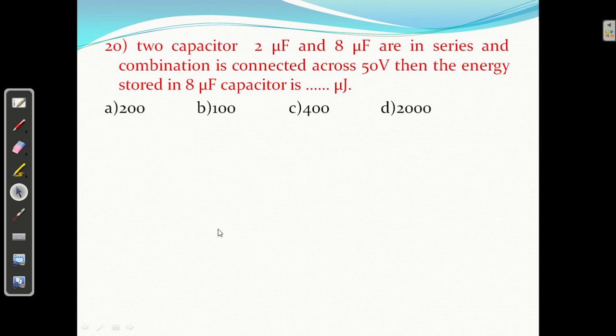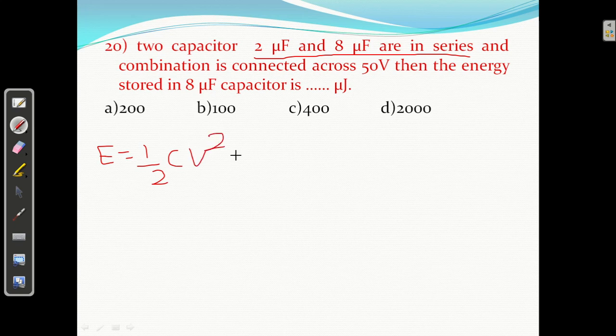Question number 20. Two capacitors of 2 and 8 microfarad are in series, and the combination is connected across 50 volt. Then find the energy stored in the 8 microfarad. What is the formula for energy stored? 1 by 2 CV square, right?